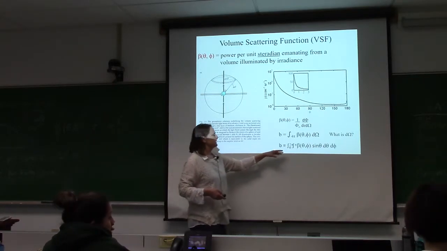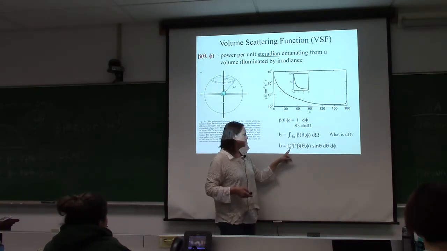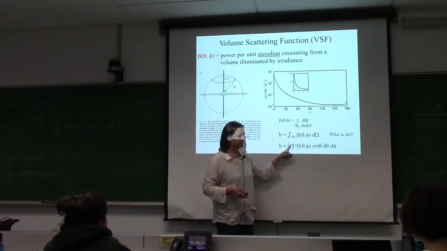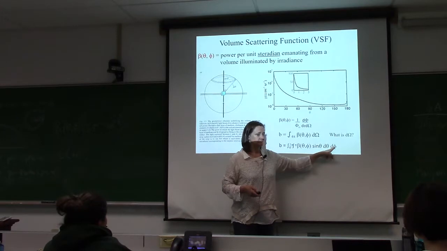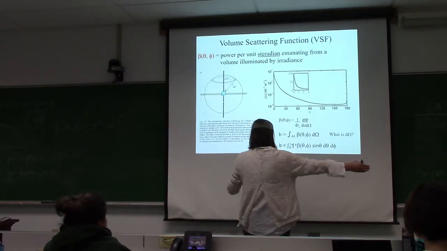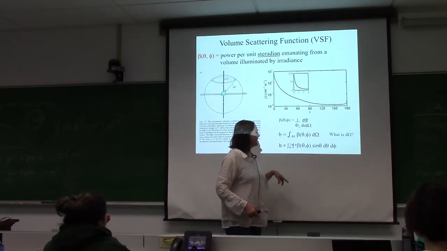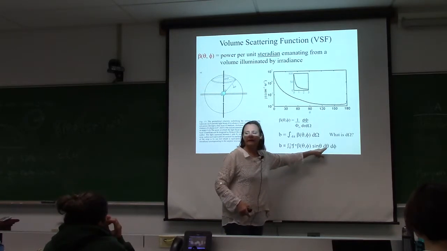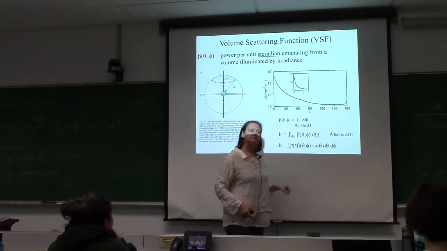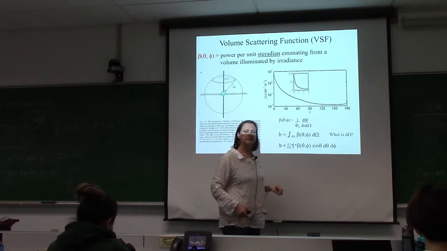And it looks like this. We go from 0 to 2 pi all the way around, like this, and we go from 0 to pi in theta. Does that seem right?